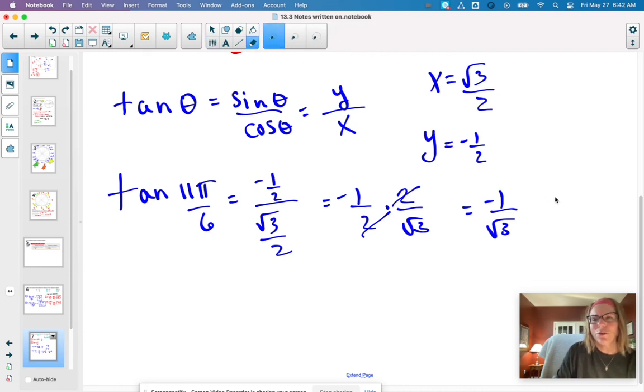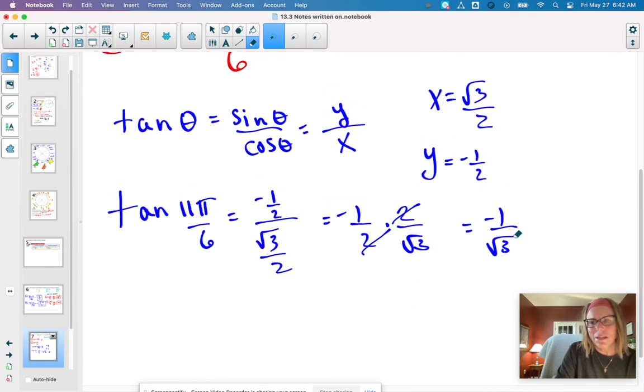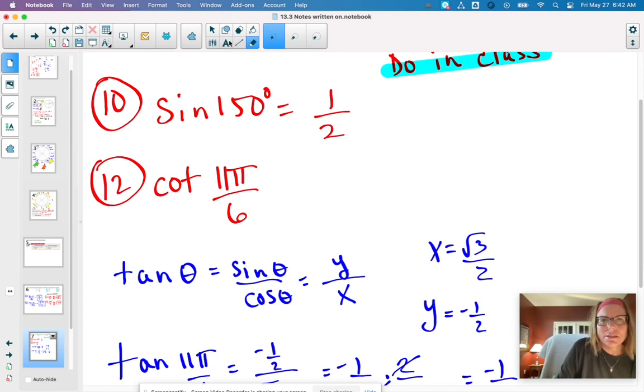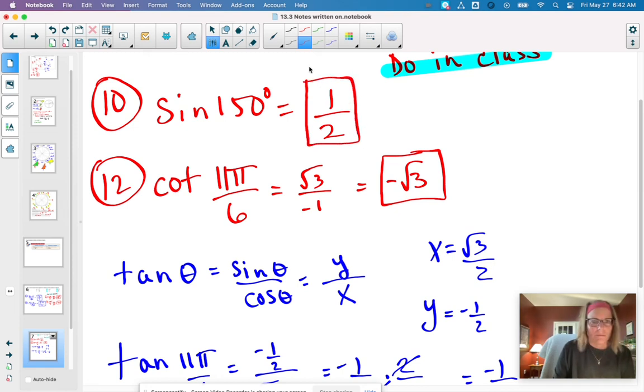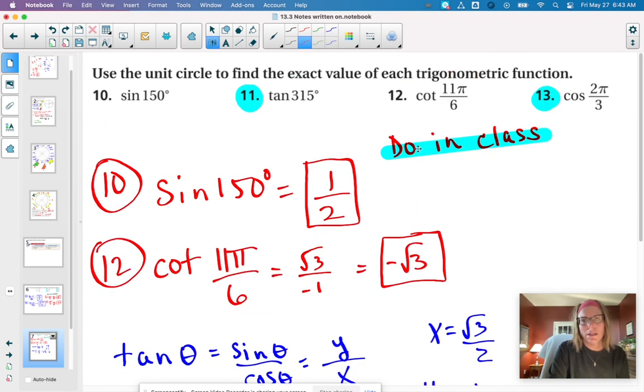We're just trying to find cotan. And so all we have to do now is flip this. So put the root 3 on the top and the negative 1 on the bottom, which is really just negative root 3. And again, we will do 11 and 13 in class.